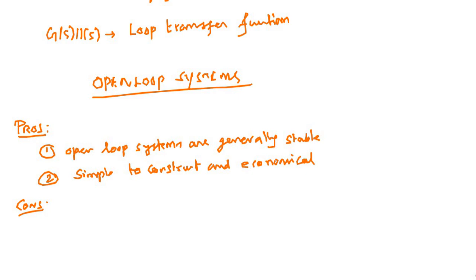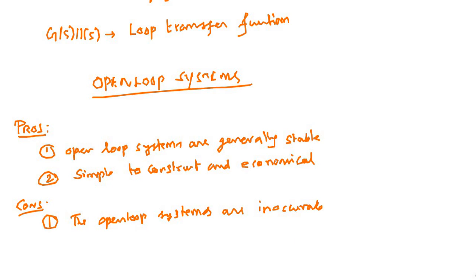Now I will talk about the cons. Open loop systems are inaccurate and unreliable. Inaccurate means what? You have a table fan, for example, which is basically a control system. We have a regulator and we press the number 1 key. It should rotate at 100 RPM.